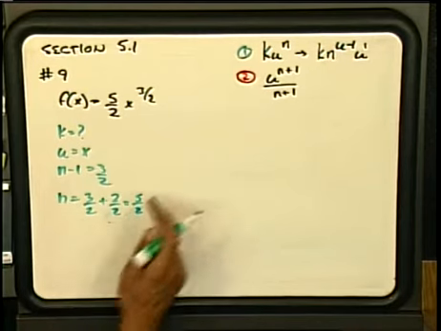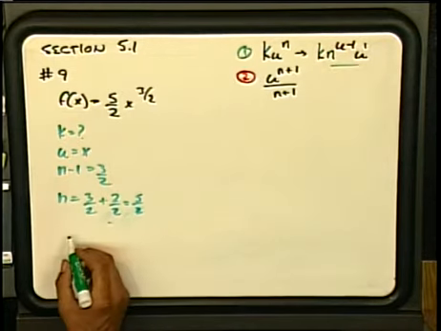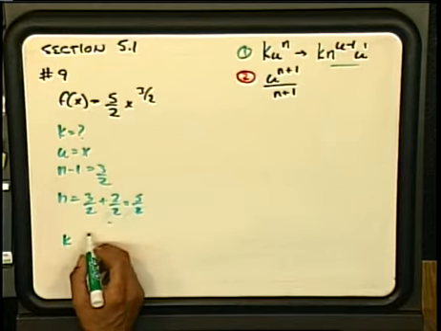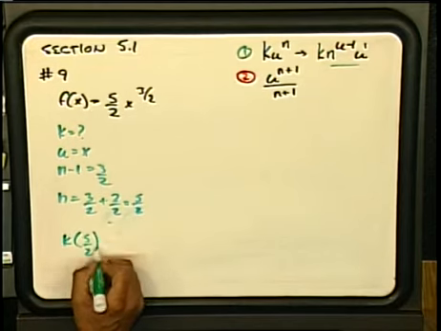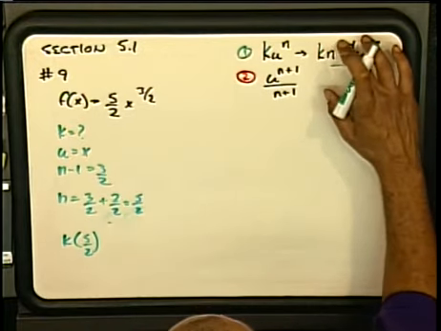Okay. Now write the problem in this form. K, N, 5 halves. This should be N minus 1.